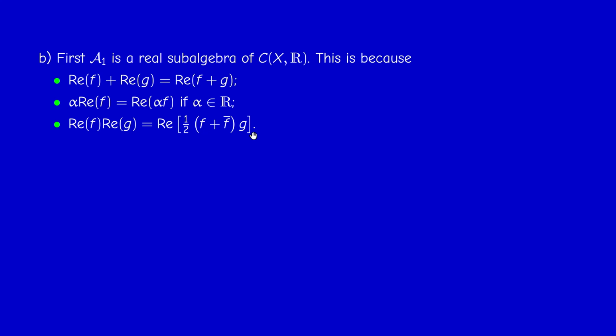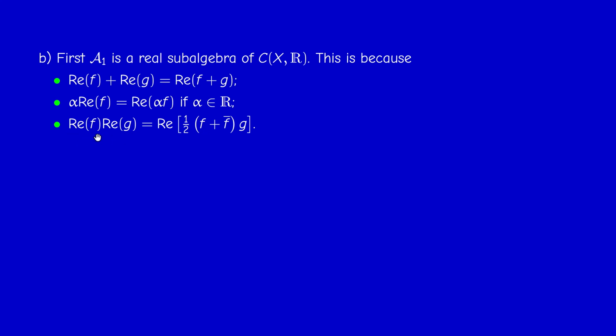When we multiply by a real number, the real part of alpha f is alpha times the real part of f. And third, the product of two real parts: the real part of f times the real part of g. We can write the real part of f as 1/2 (f plus f bar), but according to the second property, we can put it inside the real part.